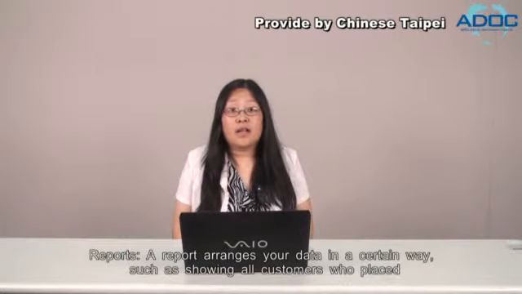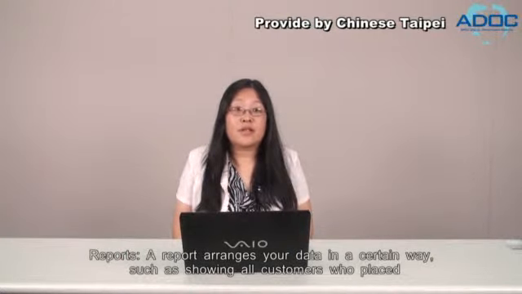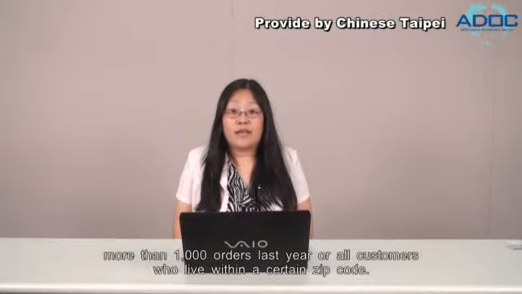Reports. A report arranges your data in a certain way, such as showing all customers who placed more than 1,000 orders last year, or all customers who live within a certain zip code.